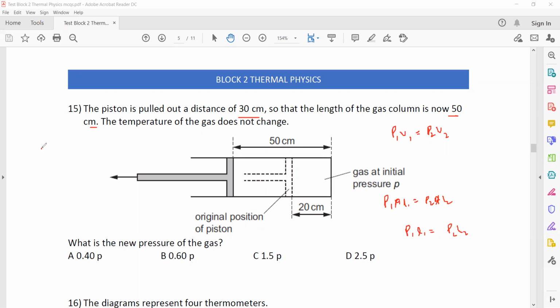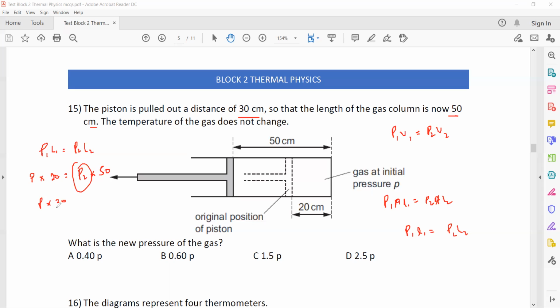So first P1, so we can say P1 L1 is equal to P2 L2. P1 is the first pressure, we don't know, so that's P multiplied by L1, that's 20. P2 we don't know, and L2 is given, 50. We need P2, so 50 will go there in division.